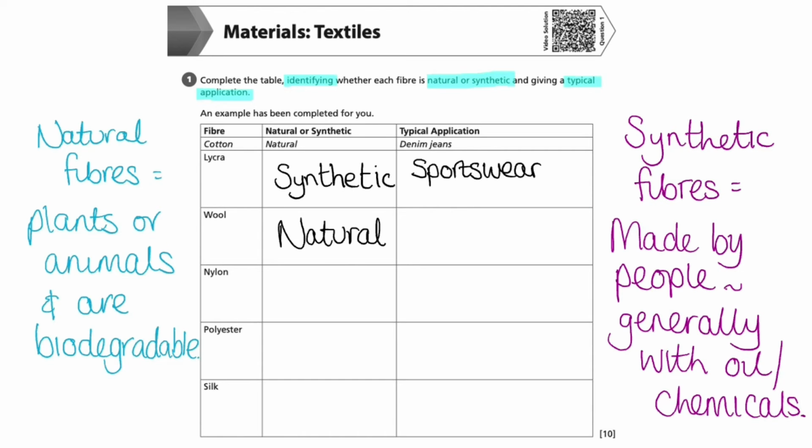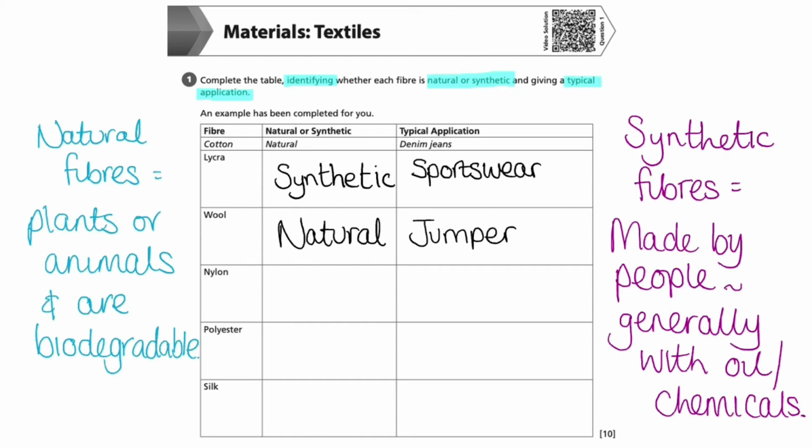The next row is asking for us to consider the fibre wool. Well, we know that wool comes from the fleeces of sheep, and we know that sheep are animals. Therefore, wool is classed as a natural fibre. Wool is a warm fibre which has soft properties and is crease resistant.